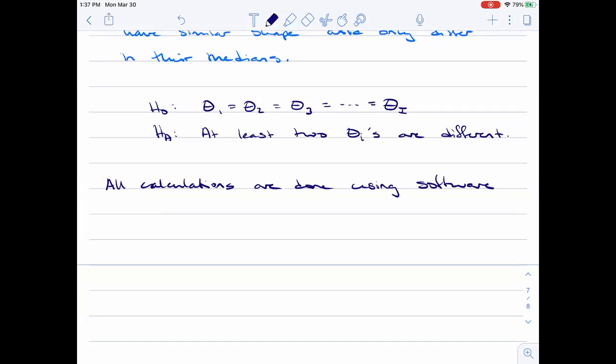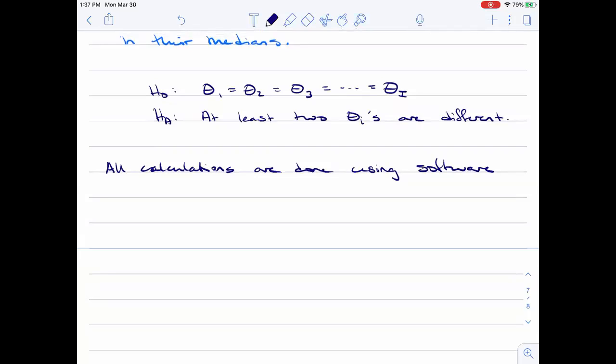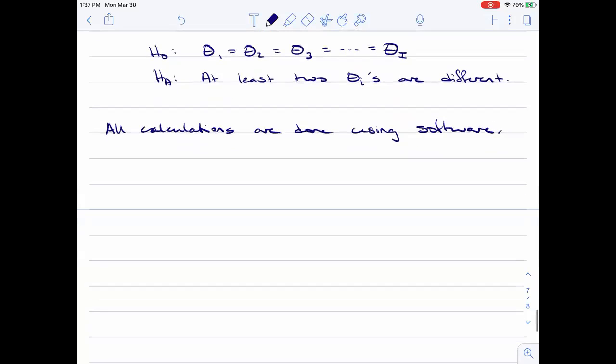But like I said, all calculations are done using software, so we really don't need to talk about those calculations. They're beyond the scope of this course. Calculation details are not needed. Not something that we need to concern ourselves with.